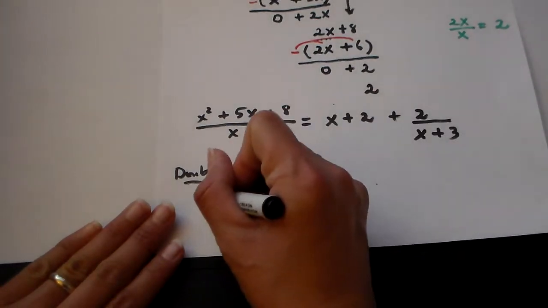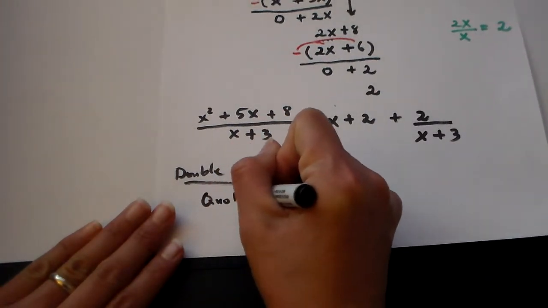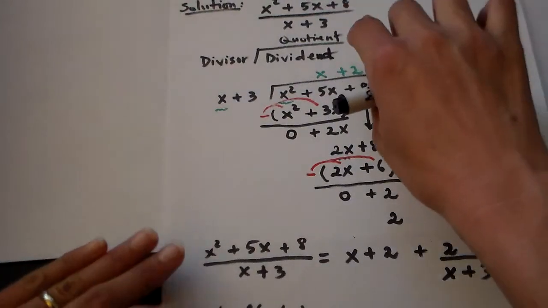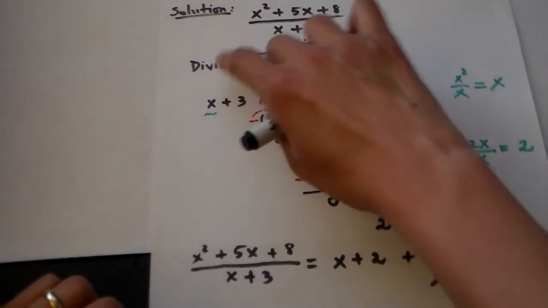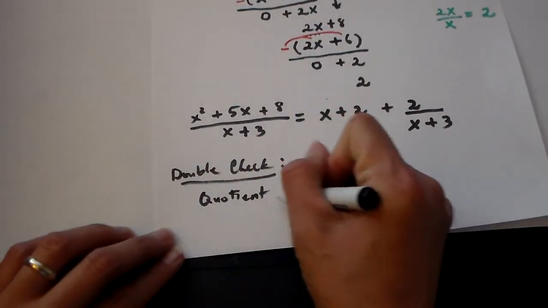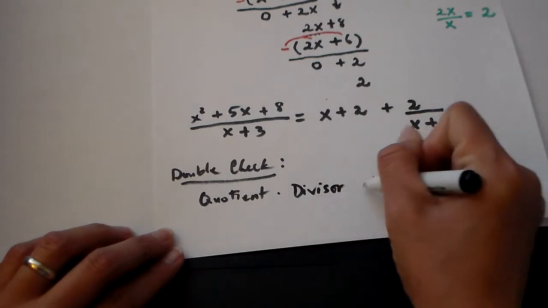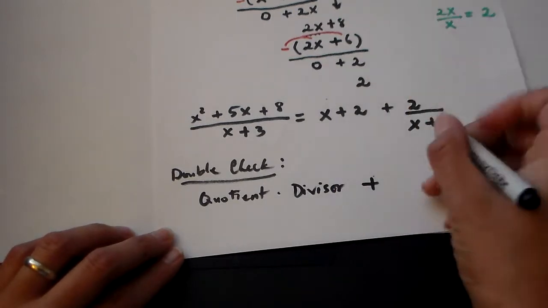So you take the quotient, the quotient on top, right here, multiply by divisor, and then you add the remainder.